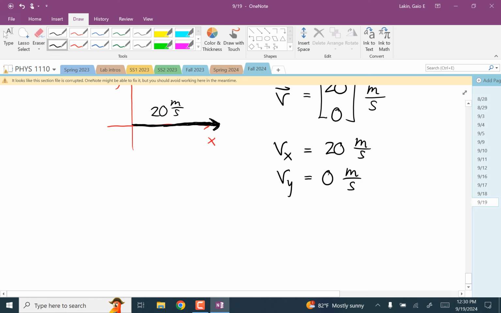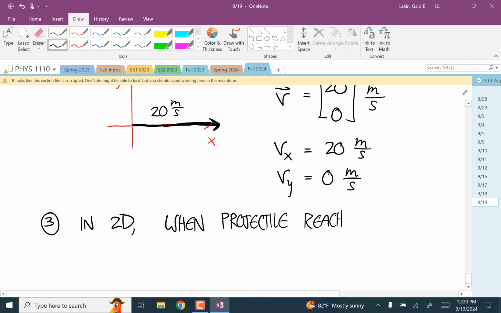Okay, the last big thing to remember is in 2D. This is also similar to something we've seen in 1D, but in 2D, when a projectile reaches its highest point, okay, remember in 1D, at the highest point, the object's velocity was 0.